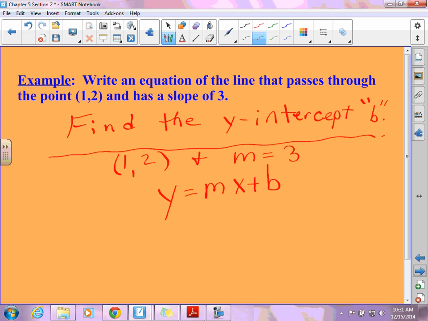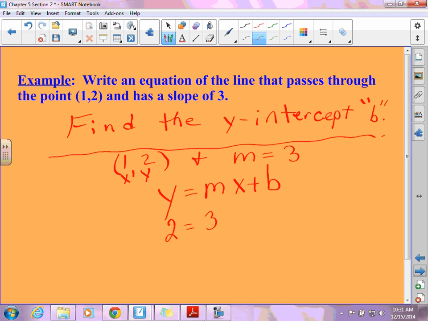So in my ordered pair, x is 1 and y is 2. So I'm going to use those numbers. For my y in my equation, I'm going to plug in 2. My m is going to be 3.